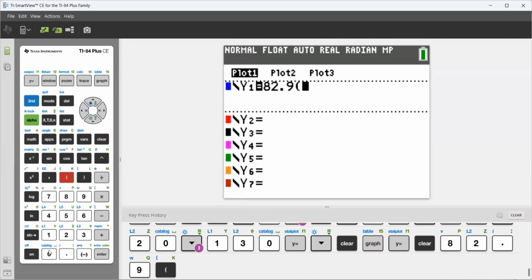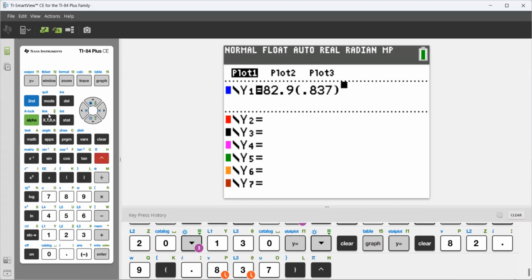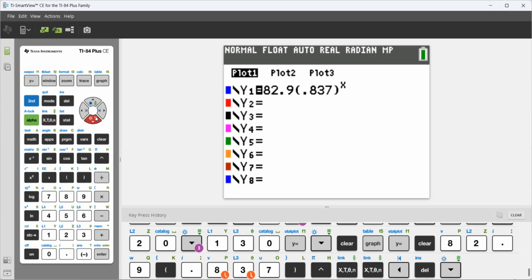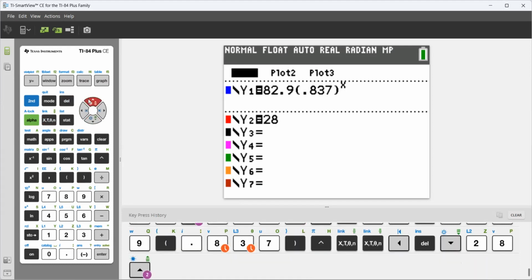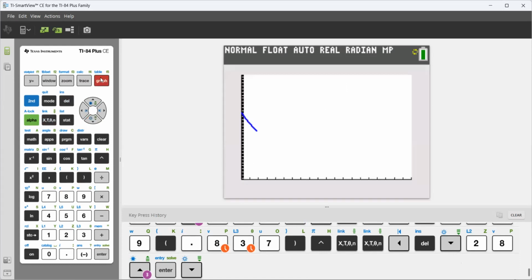And then I had 0.837 raised to the power x. And then for y2, I have 28. Then go up, then take the plot off because I'm done with it. Come down, and then go to graph.